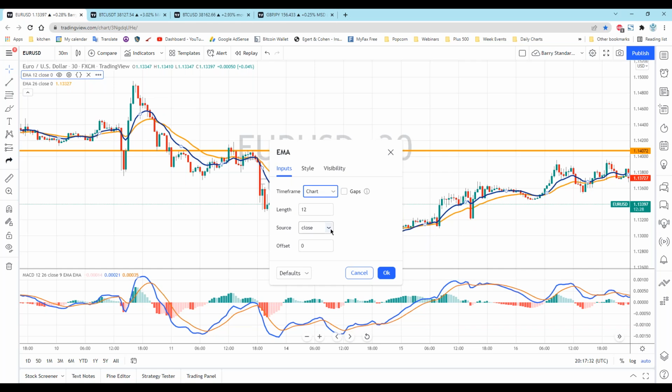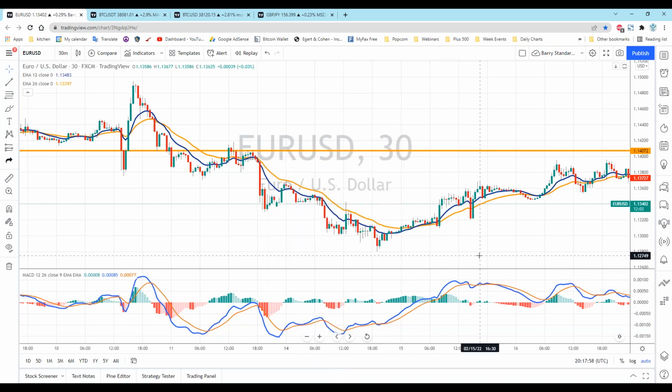Also, when I say the moving average is based on the close, for 25 of my trading years, all we had was the open, the high, the low, and the close. Today, we can set our moving average based on the open, the high, the low, the close, the high and the low divided by 2, the high, the low, and the close divided by 3. We can use it on EMAs. The choices go on endlessly. But the rule of thumb is, it adjusts to the chart and is based on the close.